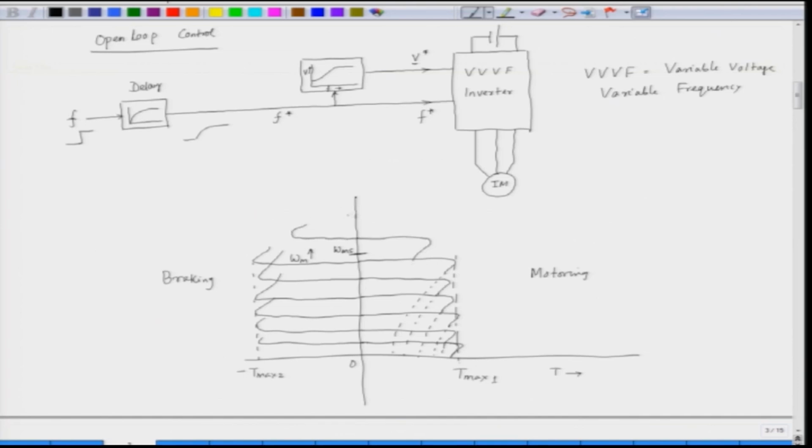As you go for higher and higher speed, the torque will reduce, and this is represented by this characteristic. So, beyond the base speed, we get reduced torque. Up to the base speed, we maintain the torque constant, but beyond the base speed, this is our base speed.